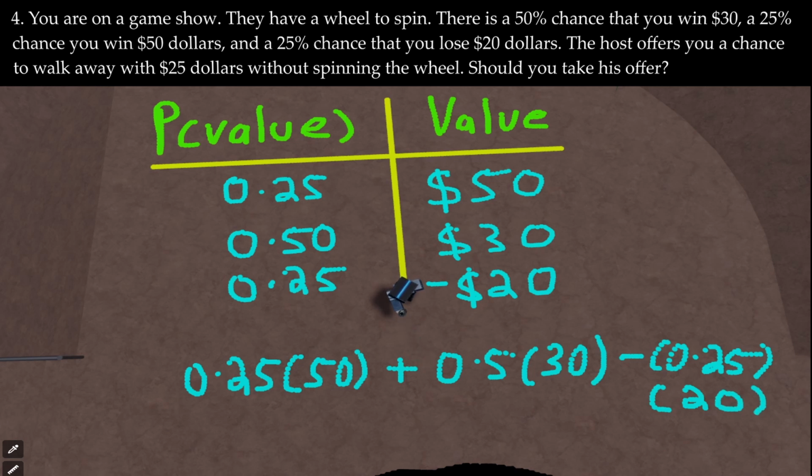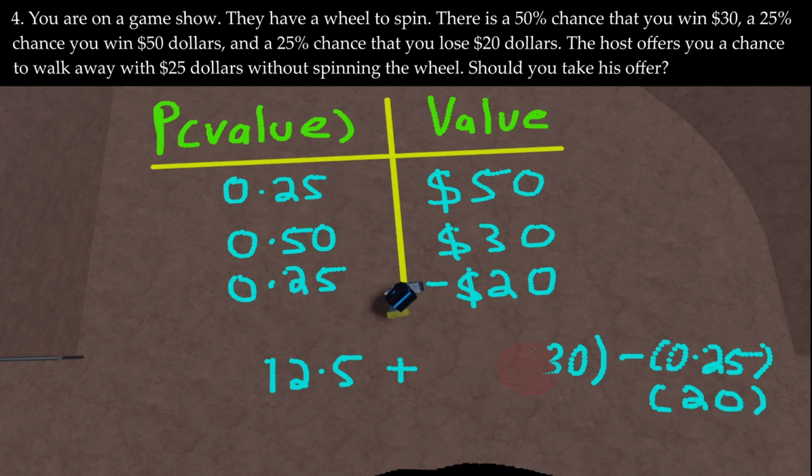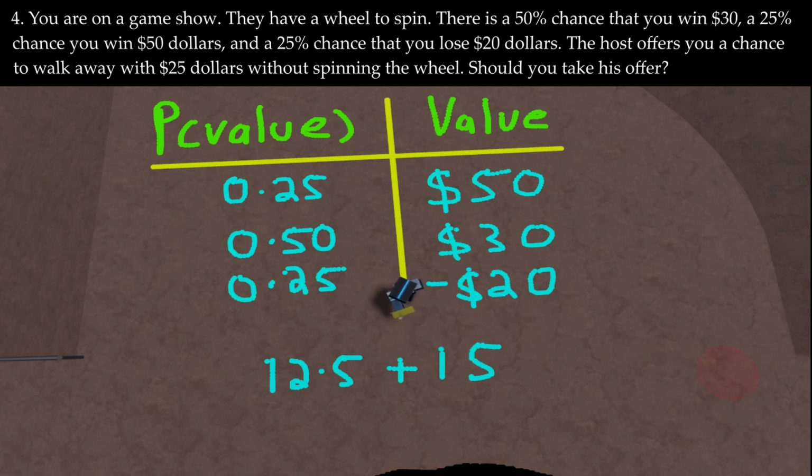And then now we just need to compute this. So 0.25 times 50, no, that's 12.5. And then 0.5 times 30 is just 15. And then minus 0.25 times 20, that's just minus 5.